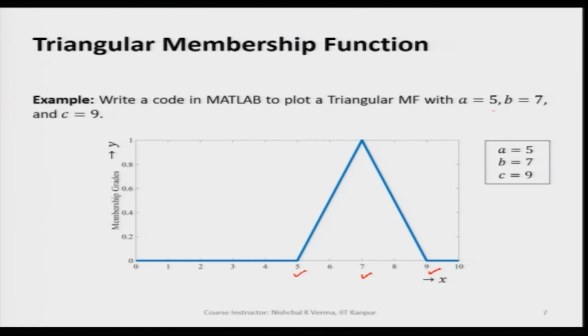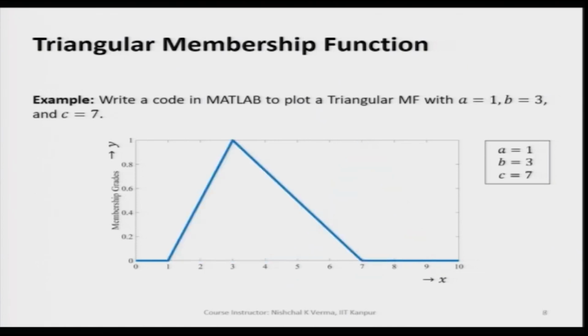As I mentioned before, if we assign different values to the vertices, we can get different kinds of triangular fuzzy membership functions.